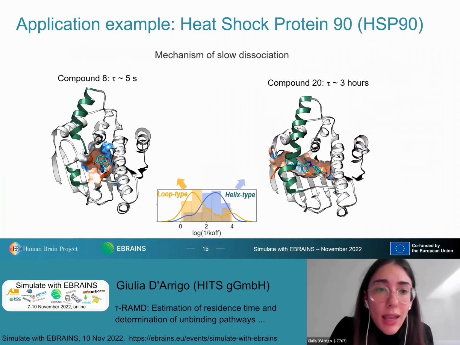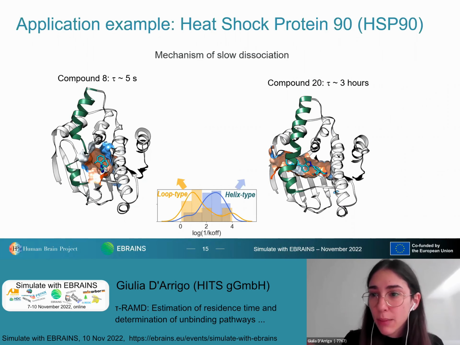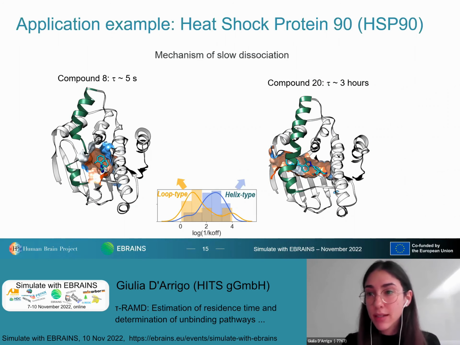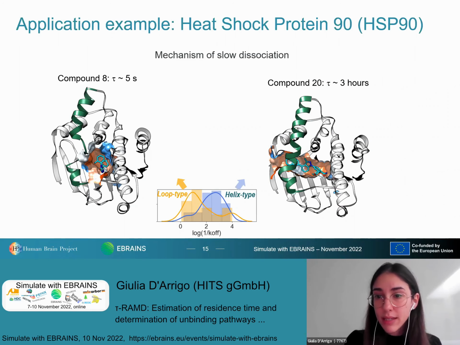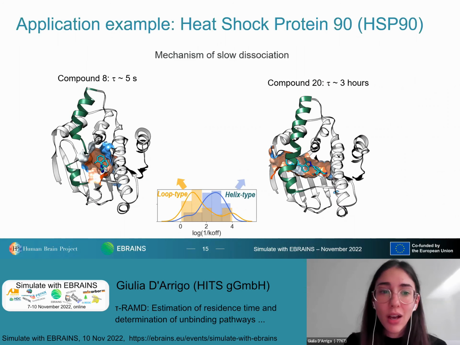So I have just taken here 2 very extreme examples. Compound 8, which has a very short residence time, 5 seconds, and compound 20 with a longer residence time, 3 hours. But again, I want to stress that both 5 seconds and 3 hours are very large times that are not feasible to actually simulate with a standard MD simulation.